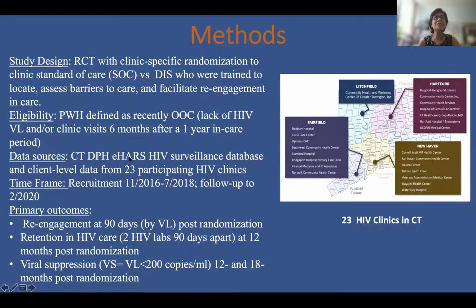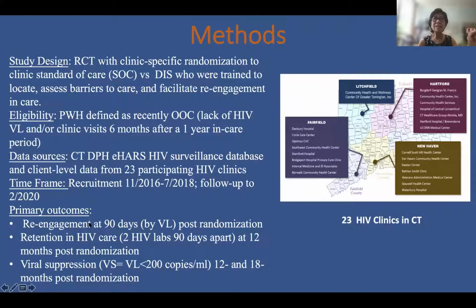And again, I went over the eligibility of who was eligible for this randomized controlled trial. Our data sources were the Connecticut DPH eHARS, that's the hallowed HIV surveillance database, and then client level data from our 23 different clinics. Our recruitment time period was between 2016 to July 2018, and we followed them up till February of 2020. We had 3 primary outcomes.